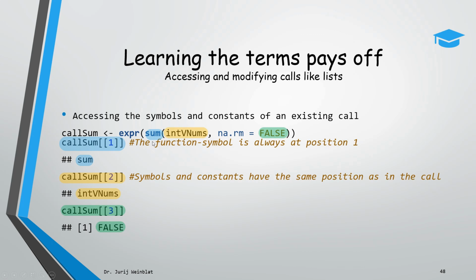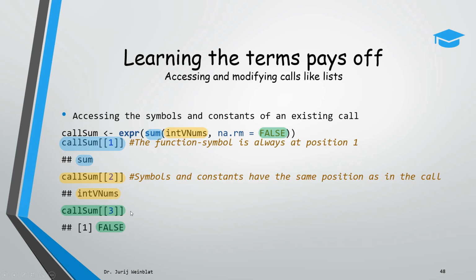So if you want to access this first element, which is highlighted in blue, just specify a 1 inside these brackets, and you will receive this symbol and know that it's all about executing a sum. If you want to see the first parameter, please access the second element of this list and you get infnums.